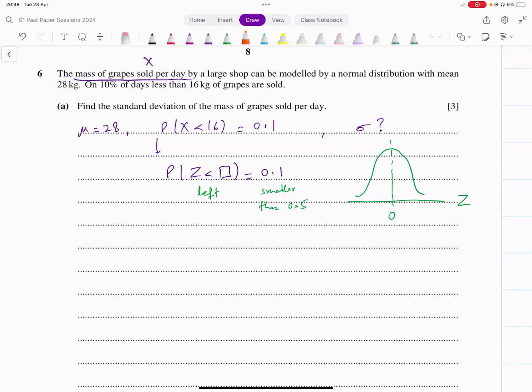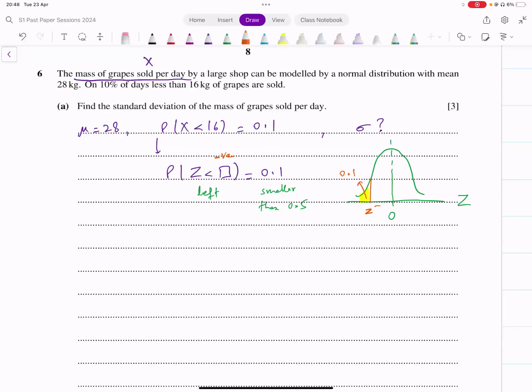Where do we place Z? Do we place Z on the negative side or on the positive side? If we place Z on the negative side, the area to the left of Z would be smaller, and that's what we want. So that means Z is supposed to be a negative value. So that's what we figured out. Okay. Now, if Z is a negative value, we are given that this area to the left of Z is 0.1.